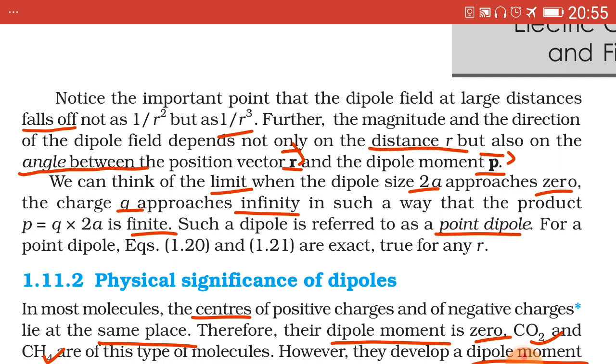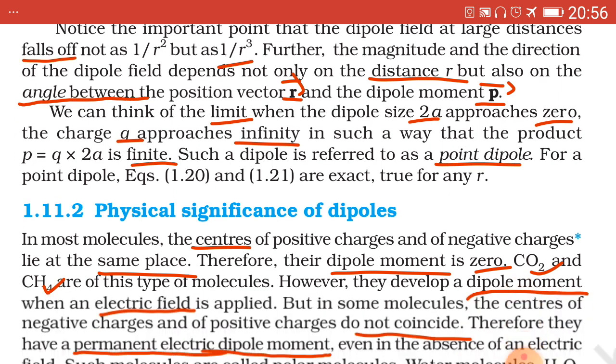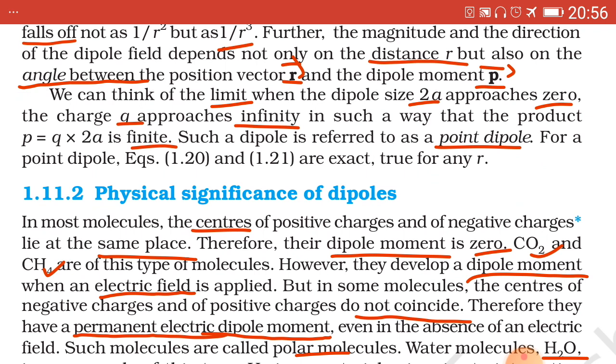Precisely speaking, if in the limit small q tends to infinity and 2a tends to 0 in the equation of dipole moment, that is, small p vector equal to q into 2a into p hat, and the product, that is p equal to q into 2a, is finite, then such a dipole is known as a point dipole.